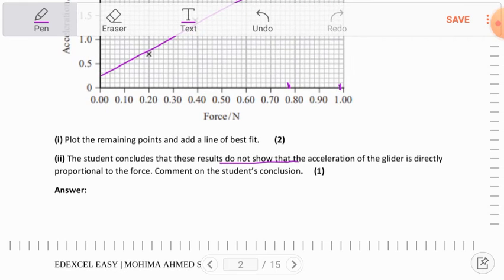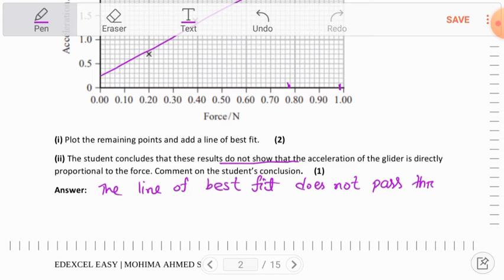So we can write it down: the line of best fit does not pass through the origin, so the conclusion is correct.